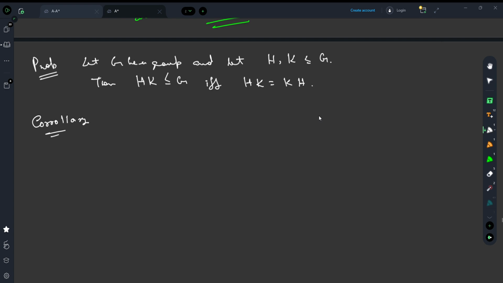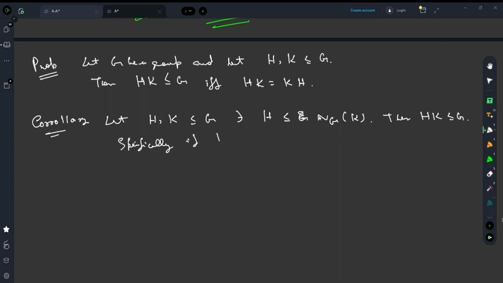It says that if I choose two subgroups, where one is inside the normalizer of the other, what I'm trying to say is: let H and K be subgroups of G such that H is in the normalizer of K in G. Then HK is a subgroup of G. Specifically, we can further extend this statement.